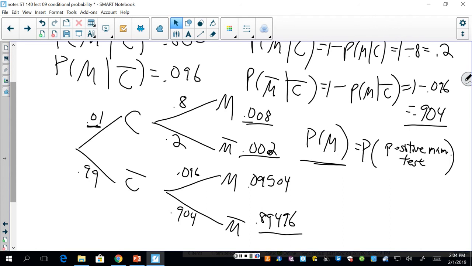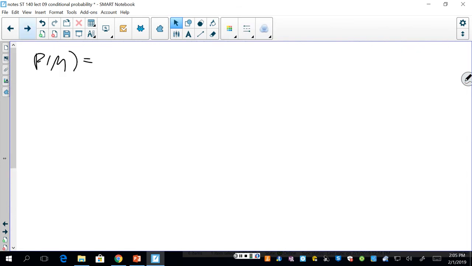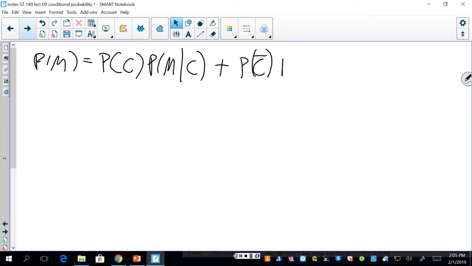So the chance you're positive, right? There are two places where it's positive, so we're going to add those two numbers together. The probability of M is the probability among the cancer group of having a positive mammography result, positive test. And then you might be in the non-cancer group. They have some positive ones too. So there's 1% here and 99% here.